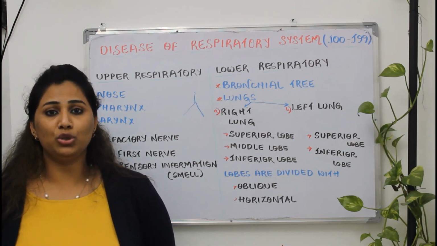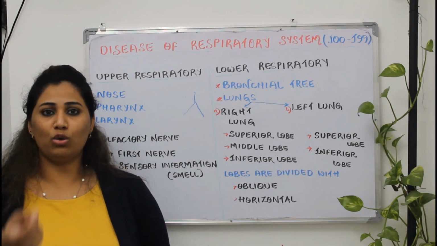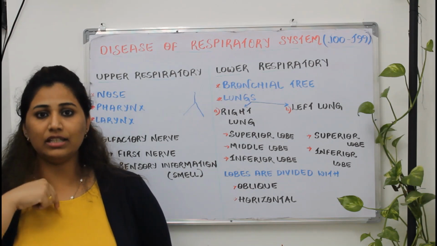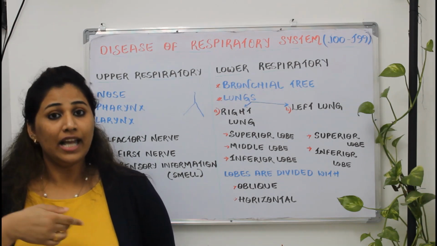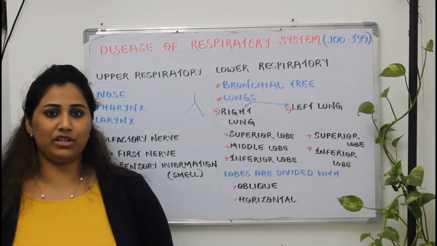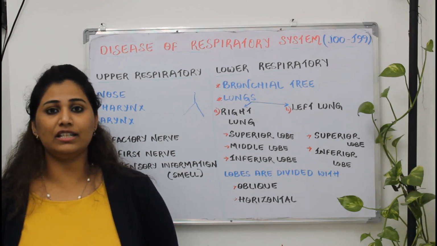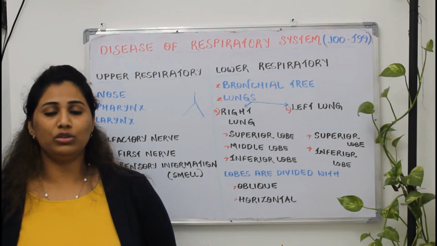When we think about the nose, air enters first through our nose, isn't it? The air passes through the nose and then goes to the pharynx, then the larynx, and then comes the lower respiratory tract. In the nose, there are small hair follicles. What is the purpose of this hair?